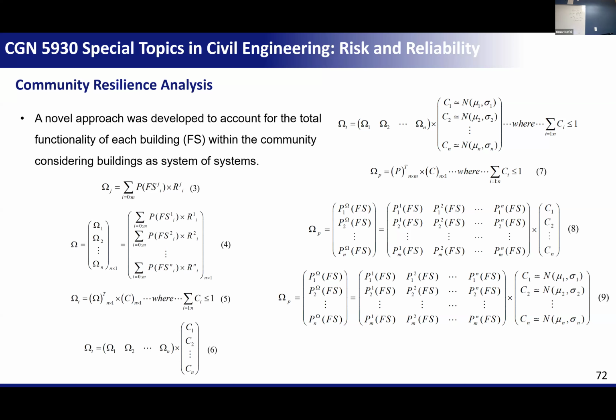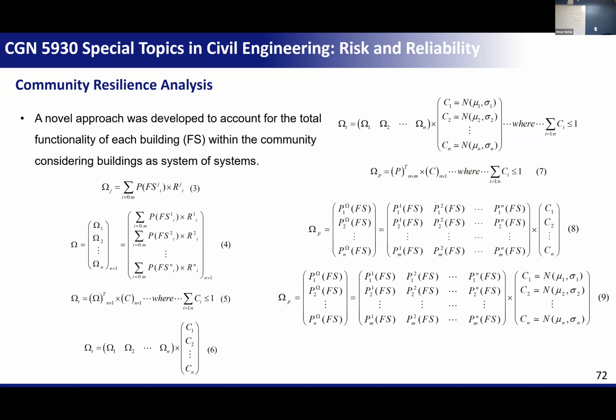Maybe the mean is 50%, but there's a standard deviation of 0.1. Everyone has different tolerance. Let's say you decided that water contributes 5% of your functionality, but maybe somebody else depends more on water, and another one depends less on water. So you can make it probabilistic and say there's a standard deviation. Some people will need it more, some people will need it less.